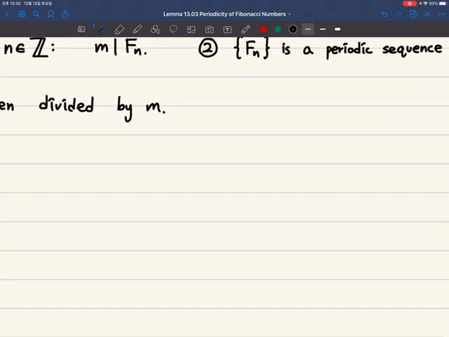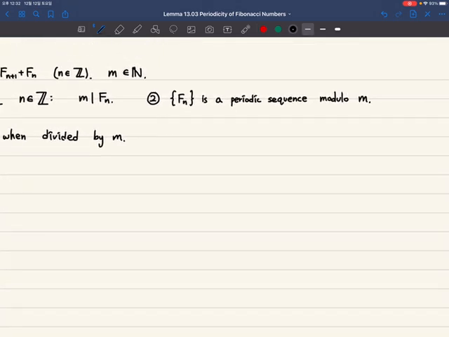We'll also define a set S, which collects the pairs Rn, Rn plus 1, where n is a natural number. We can actually say this is a real, or replace this with integers, but it doesn't really matter.